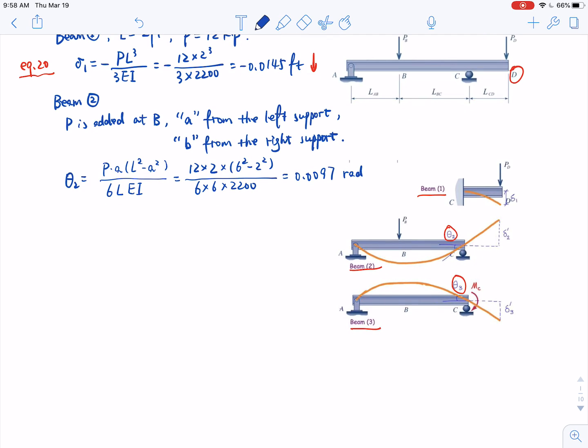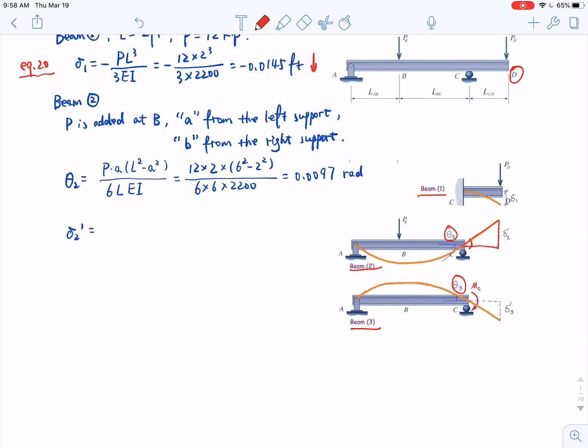As we analyzed in the previous slides, the component delta 2 prime comes from this triangle, and this angle equals theta 2, which we calculated.